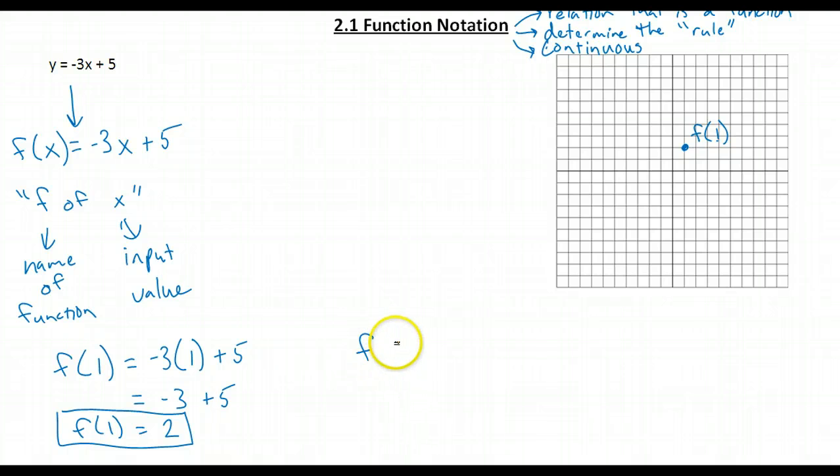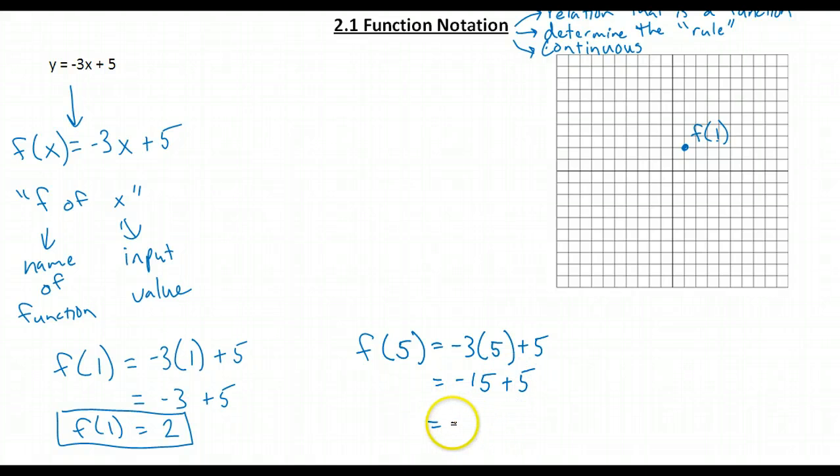If I want to input 5 into my function, I'm going to use the function notation f of 5. This doesn't mean f times 5, it's the function f of the input value 5. So I'm going to replace x with 5 and then do my math. Negative 3 times 5 is negative 15. Negative 15 plus 5 is negative 10.